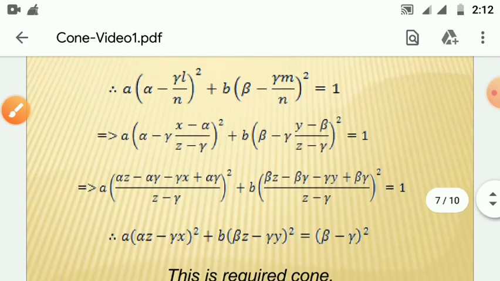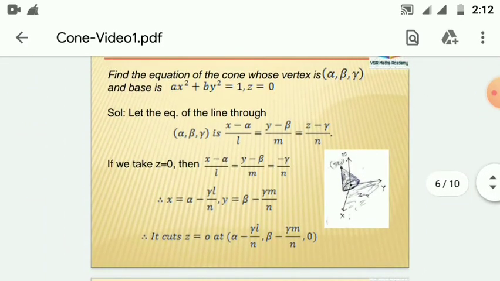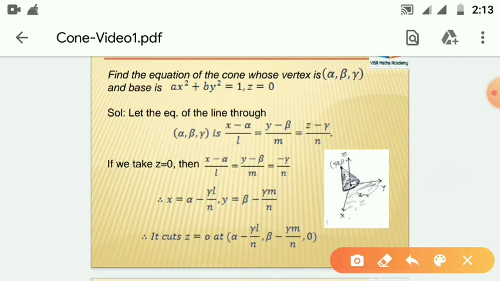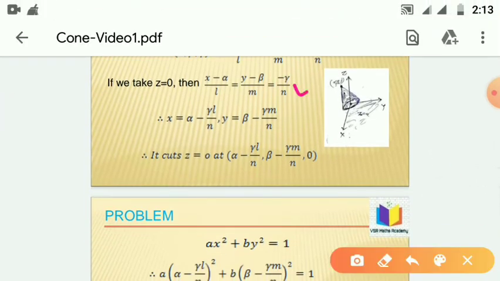So what is the procedure we followed here? We are given the coordinates of the vertex and the base curve. We take the general equation of a straight line passing through this vertex. If the straight line intersects the base curve, then it is a generator. So using that concept, we take that the straight line intersects the base curve.